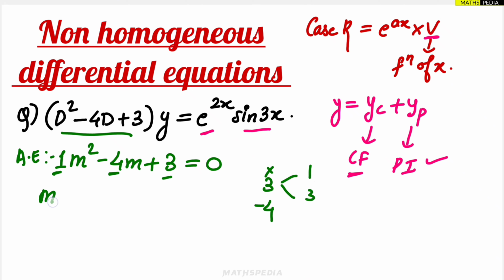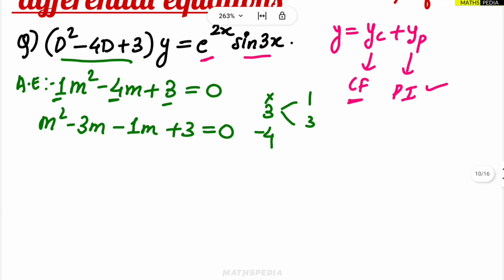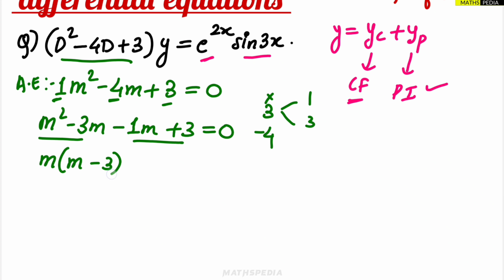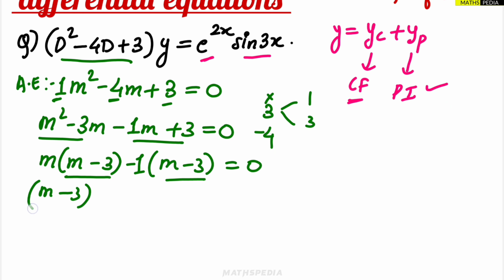So I can write m square minus 3m minus 1m plus 3 is equal to 0. Grouping two terms, m common, m minus 3. Here also m minus 3 should be common, so outside minus 1 will be there. So m minus 3 is common. What is left out? m minus 1 is left out, equal to 0.